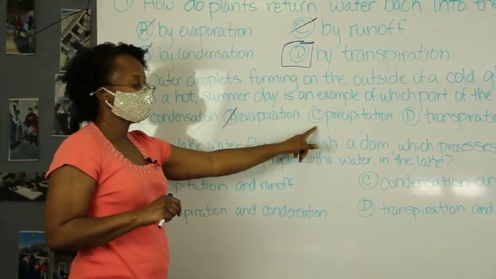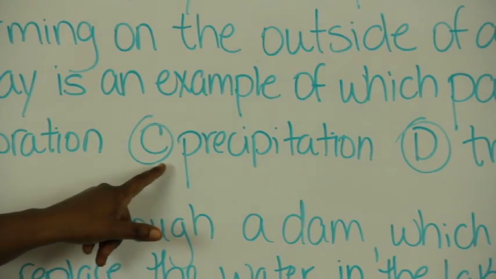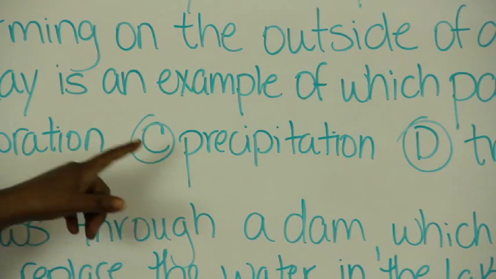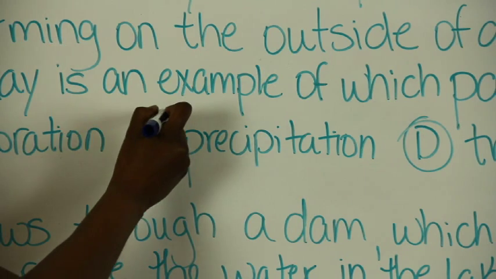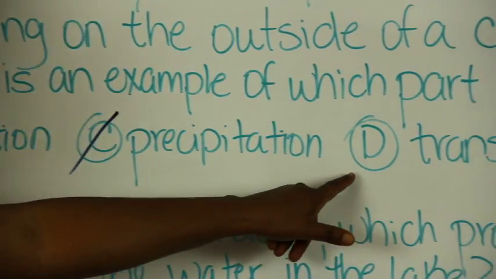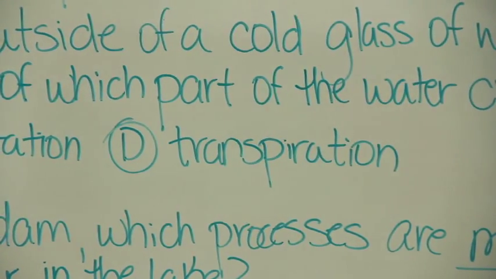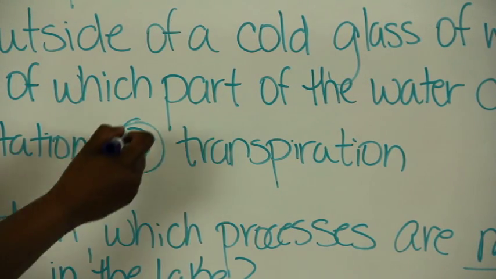Precipitation, that is when liquid falls to the ground. That's not really one of the best answers here. So we're gonna go ahead and mark that out. That'd be great if we were talking about the environment as far as the weather. And D, transpiration. We don't have any plants that we're talking about, so that can't be the right answer.